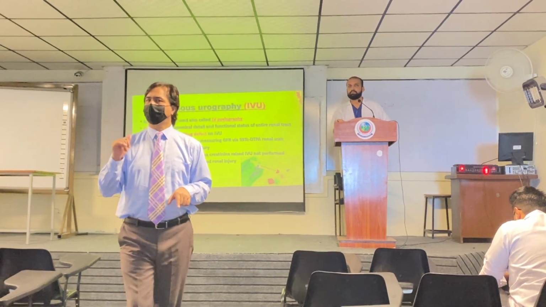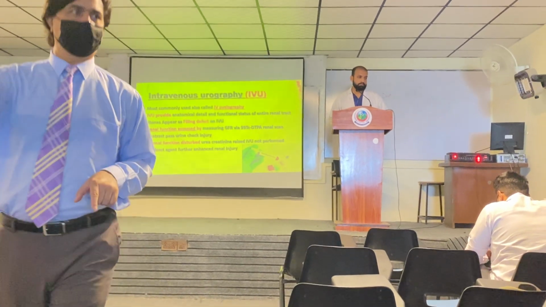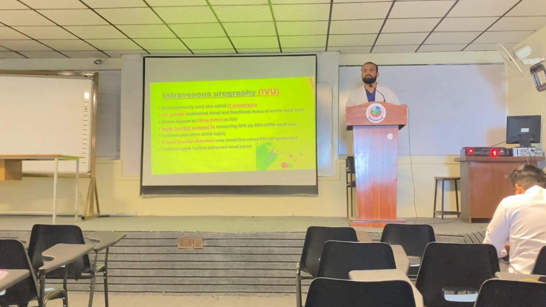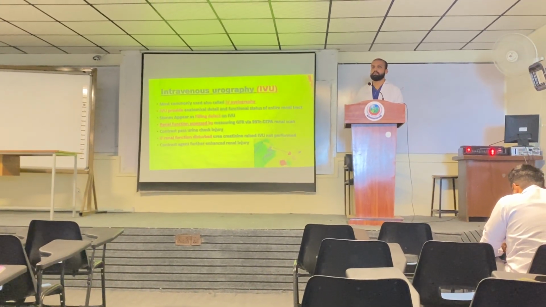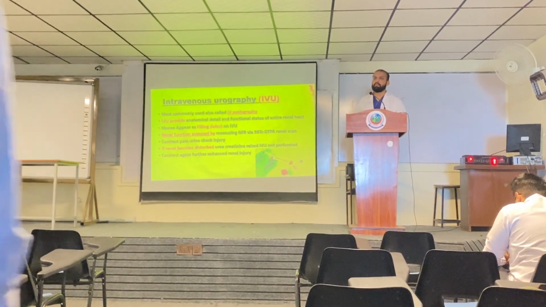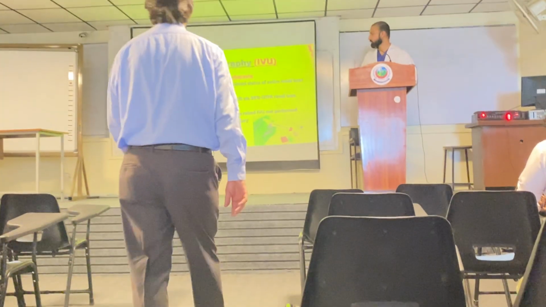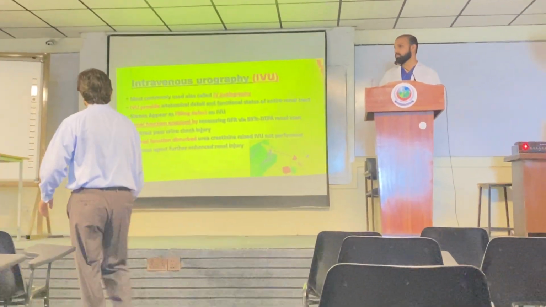So the DTPA scan will tell you exactly that the right kidney is functioning, say 20%, 30%, 50%, and the contralateral one is 10%. But if the patient has less than 20% or less than 15% of kidney function, the treatment of choice is to remove the kidney. There is no need to preserve this kidney.